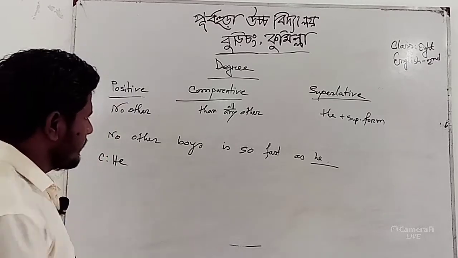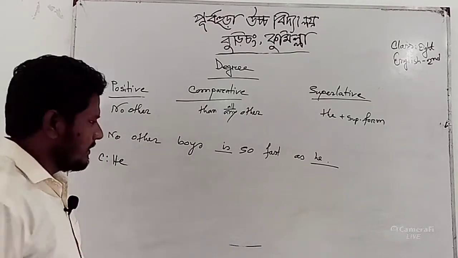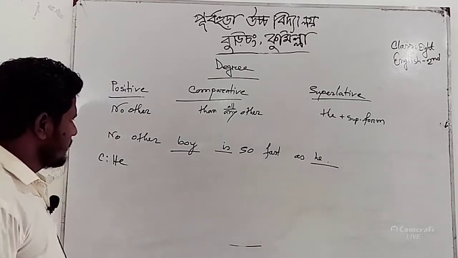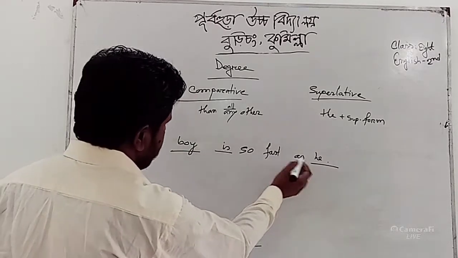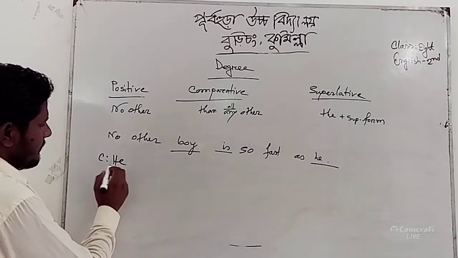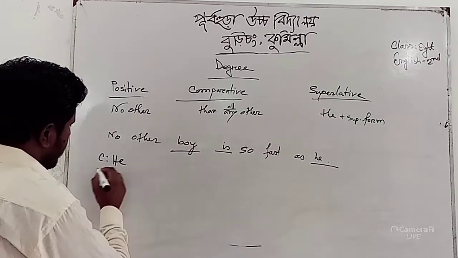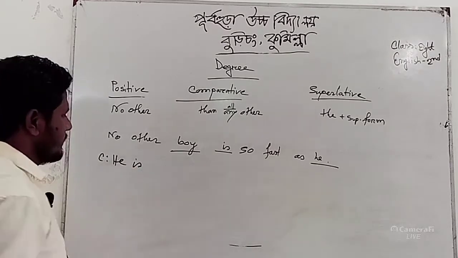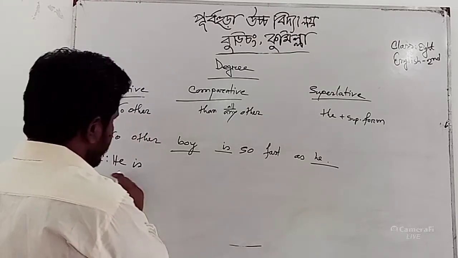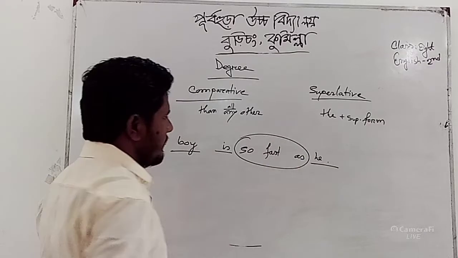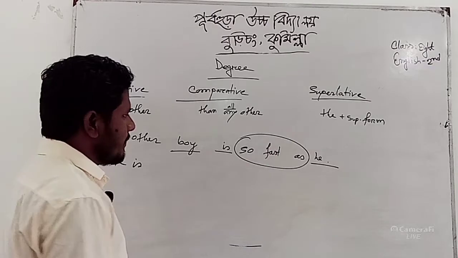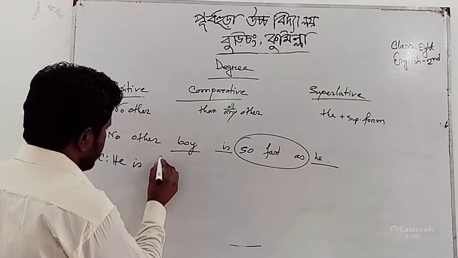We have seen here "he", and then the verb "is". The first subject is "boy". We need to bring a verb looking at the subject. Here the verb will be "is", as it belongs to present indefinite tense. So: he is, and then the comparative form of fast, which we know will be "faster".